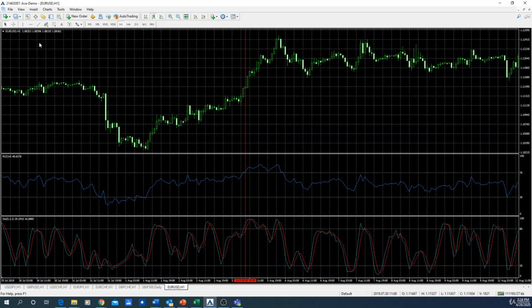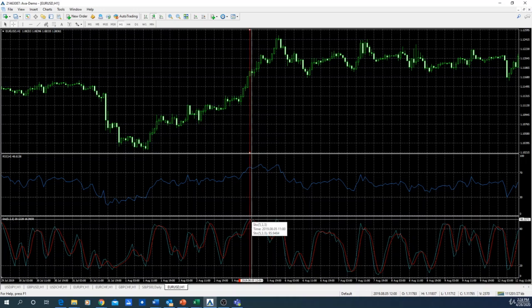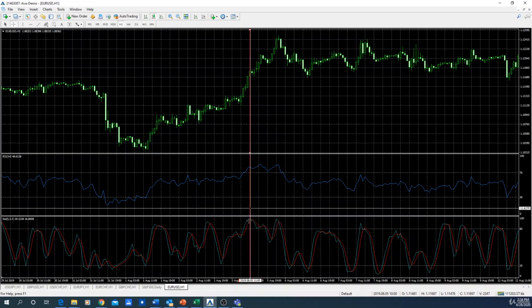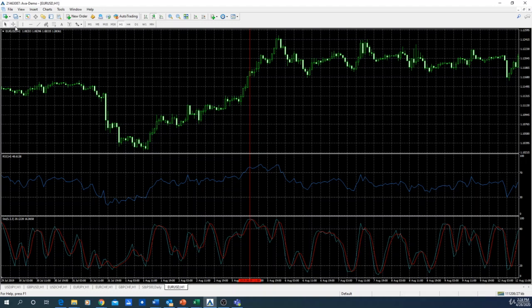So for example here, the RSI is overbought and the stochastic is overbought as well. So technically you will open up a sell, you find out this point. That's your first point. All right. So the first point that you find out when you have both confirmations, this point will be used as a stop loss. So that's supposed to be your stop loss.